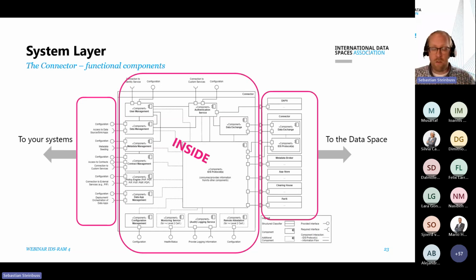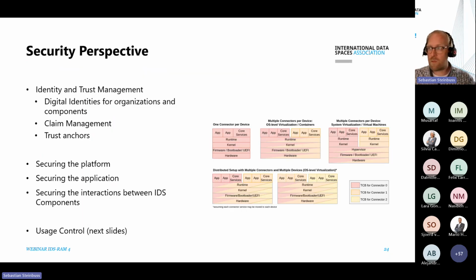And of course, the system layer also explains how other components that you want to use in a data space are structured and what their preferred way of working is. I would like to switch a little bit to the security perspective as well. The security perspective has various different aspects. One is identity and claim management, which deals with digital identities for organizations, claims, trust anchors.